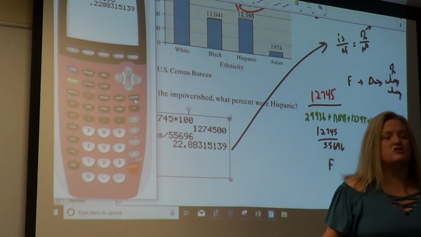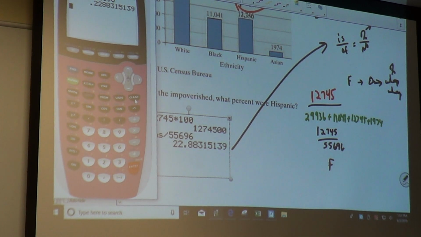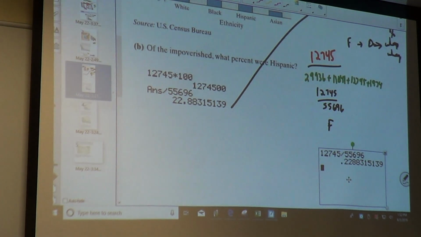And then what do you need to do with your decimal? Whoop, whoop. Just want to hear you say it. So, there's your fraction. Your decimal is 0.2288 blah, blah, blah. And to get your percentage, you got the whoop whoop, which is the 22.88%.